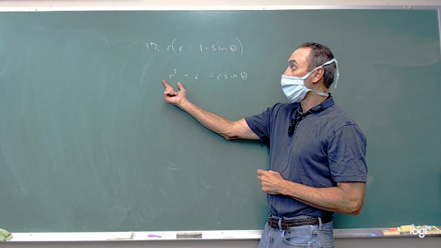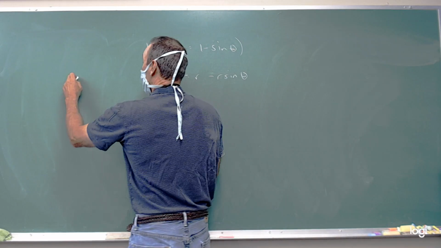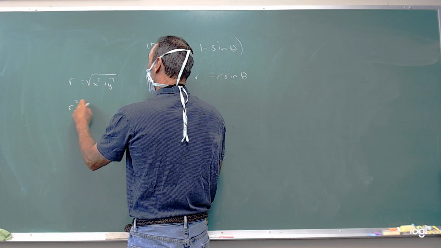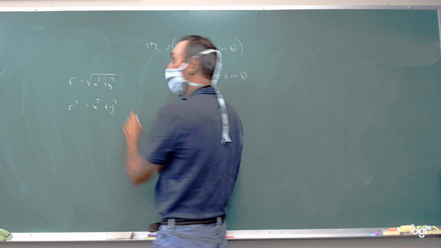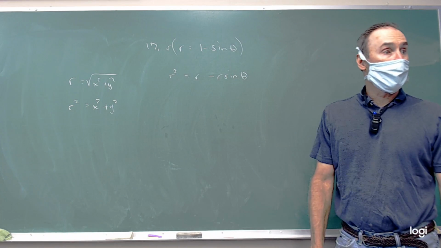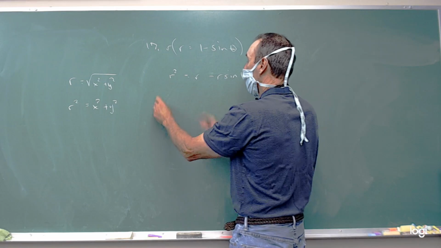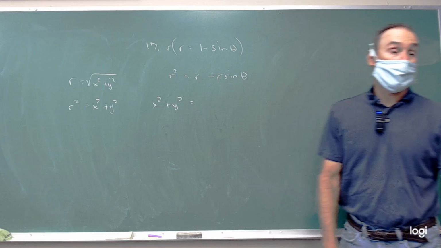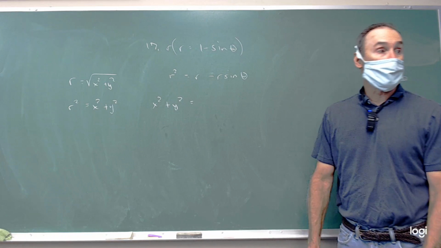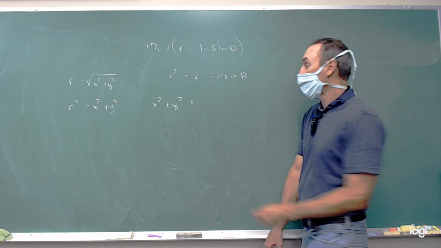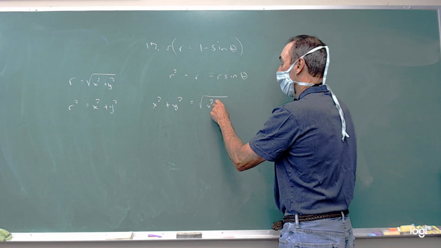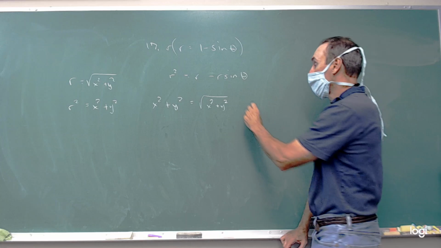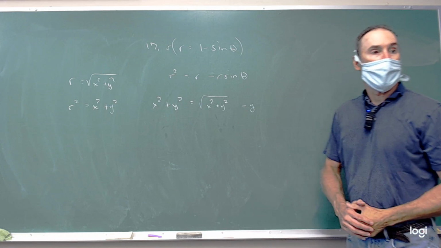Now, we know that r is the square root of x squared plus y squared. So r squared isn't nice, it just removes that radical. This part is going to be x squared plus y squared. The bad news is that r is stuck there, and there's not a great way to do anything with that. So I think we're stuck needing that. Now r sine theta we hopefully recognize as a y.